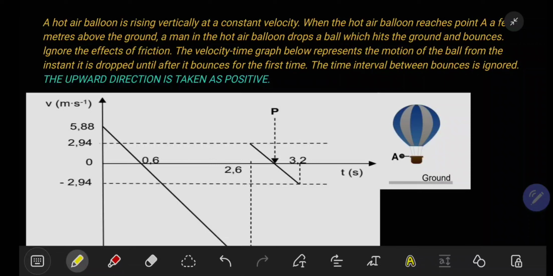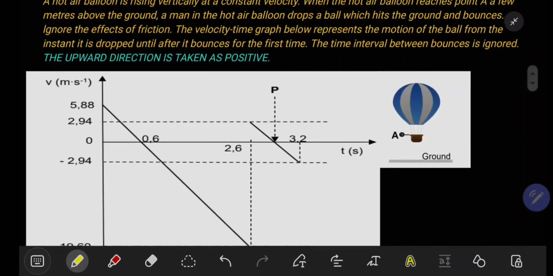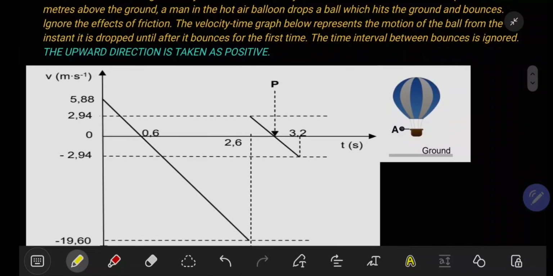We're given the velocity-time graph below, which represents the motion of the ball from the instant it is dropped until after it bounces for the first time. The time interval between the bounces is ignored. Then they say that the upward direction is taken as positive.